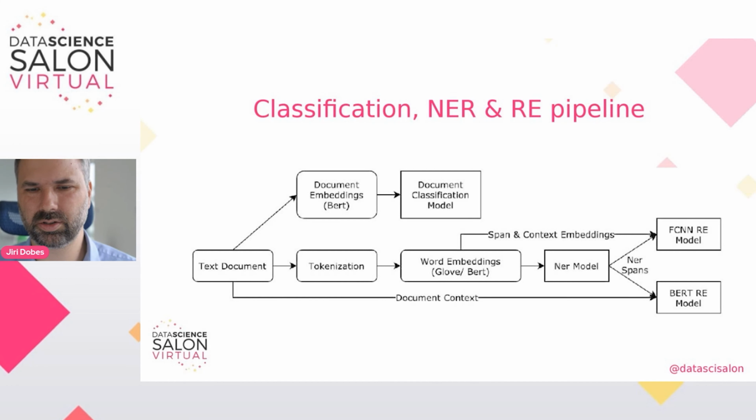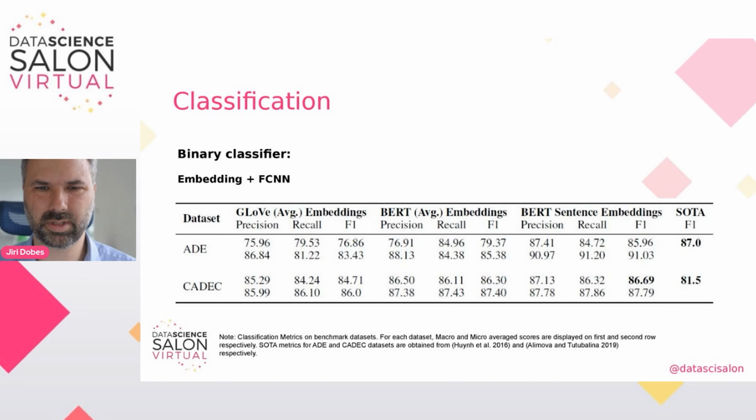And finally, relation extraction, which is coming from the named entity recognition, and then it can either take features from the document, from span and context embeddings, and build a fully connected neural network, or take the document context and build a fully connected neural network based on the BERT model. All the details are in the publication I had on the previous slides.